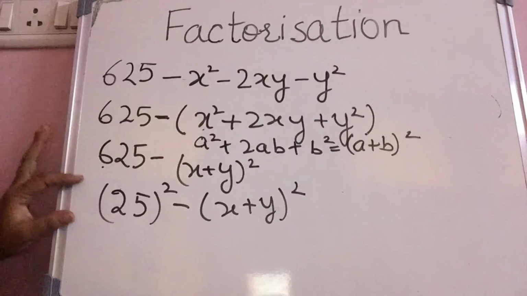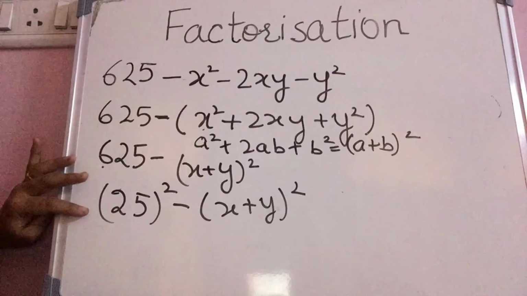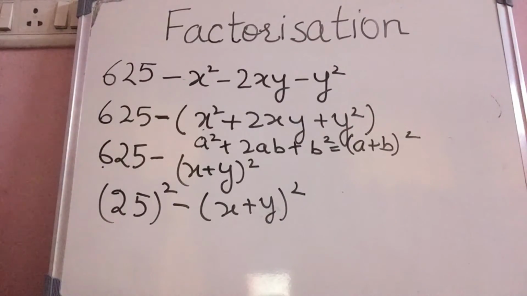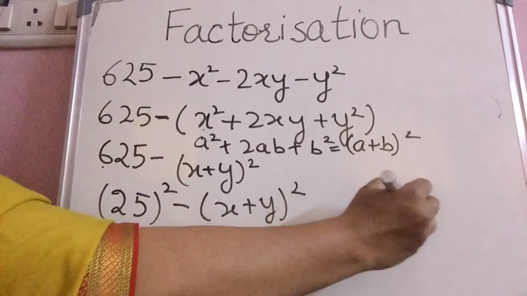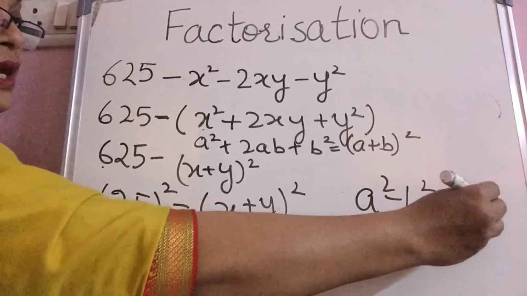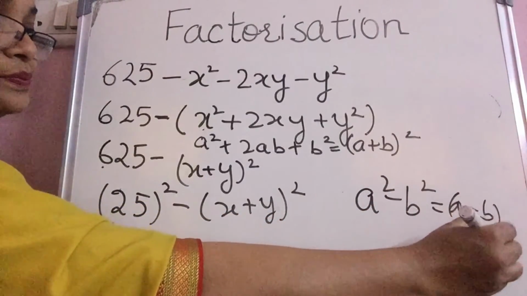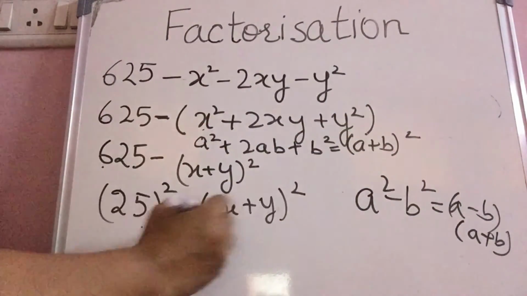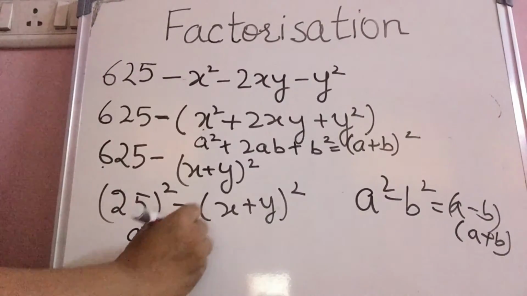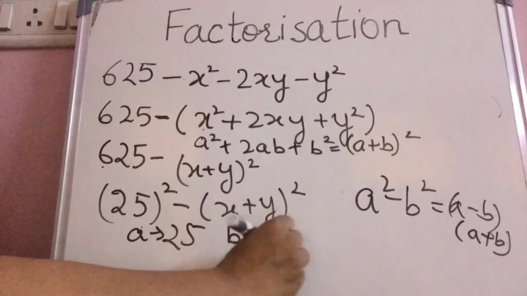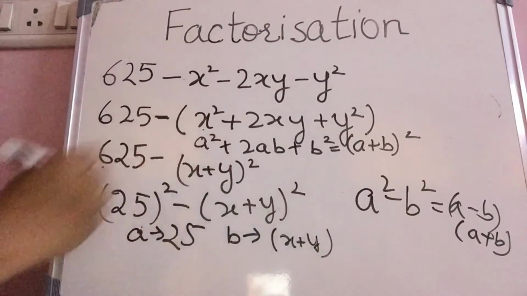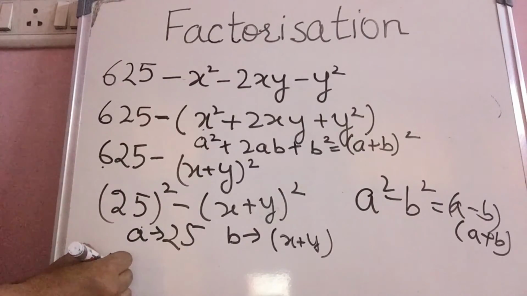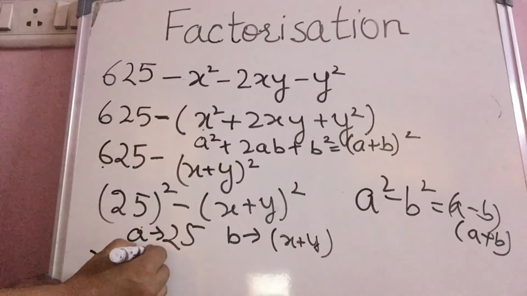Now still it is not factorized. We will use another identity to factorize it. We will be using the third identity, that is a square minus b square is equal to (a minus b) and (a plus b). If we compare this with the identity, we get a as 25 and b as (x plus y). So we can write a minus b means 25 minus (x plus y).